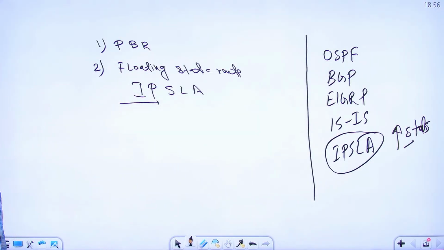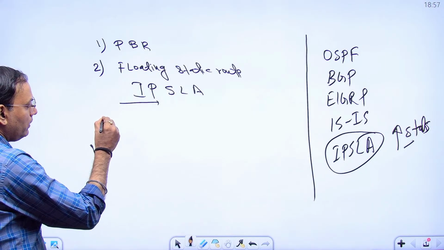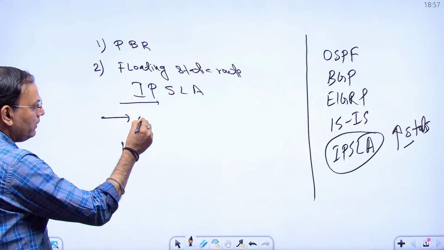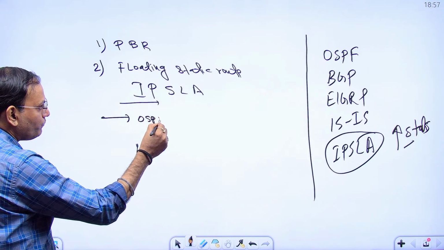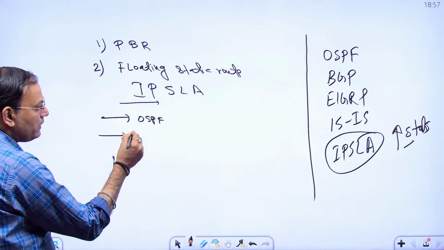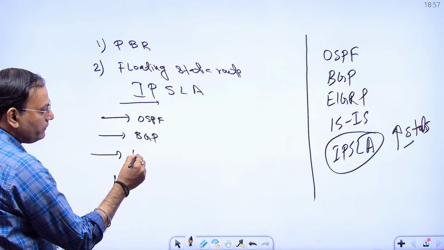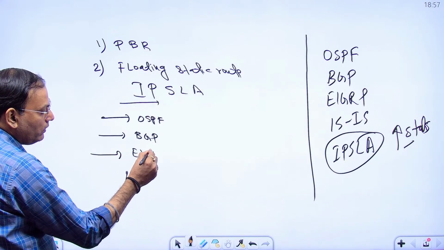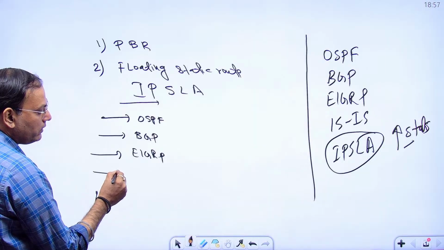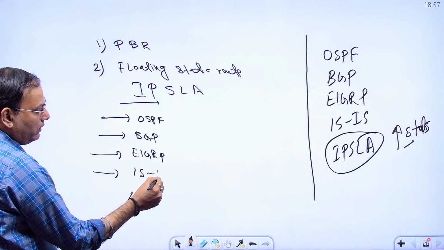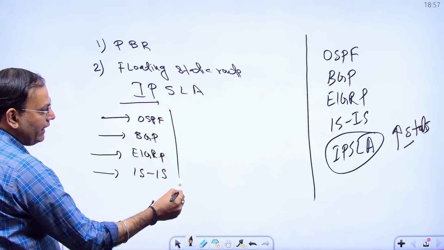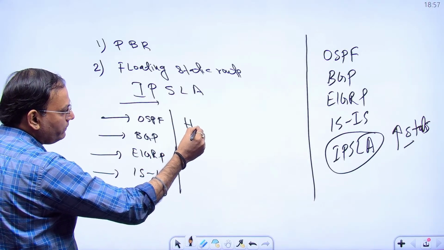Now, why is it not required in your dynamic routing protocols? If anyone asks you, you have to explain that in your OSPF, in your BGP, in your EIGRP, in your ISIS, there is a concept of hello and dead interval.